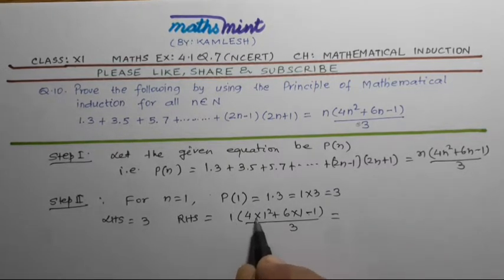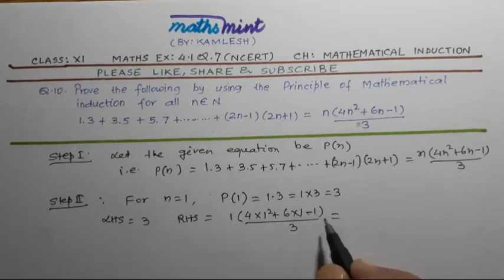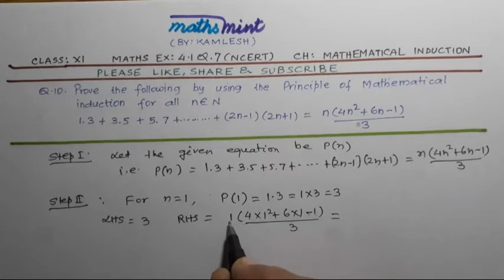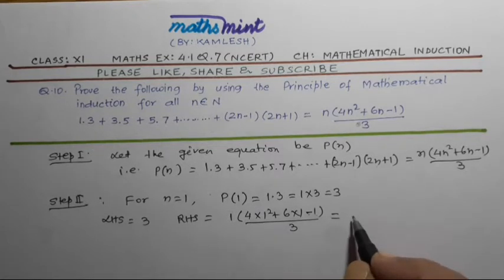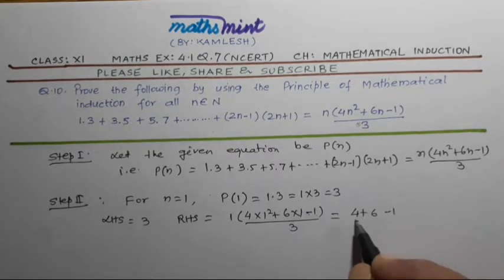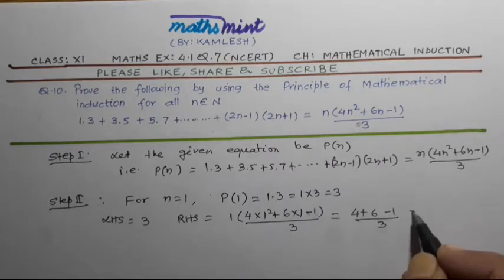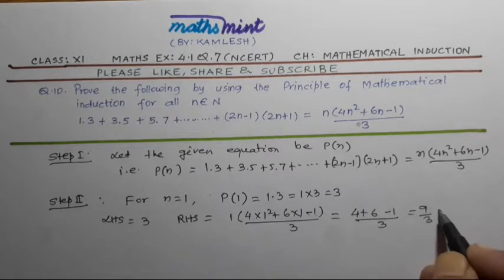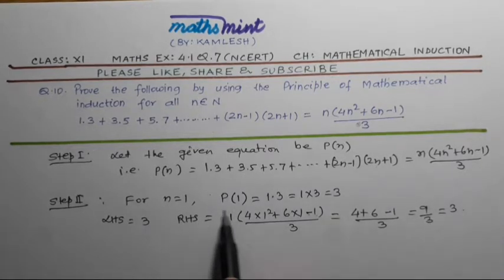So if this will be multiplied by 1, it will be equal to this only, because any number multiplied by 1 will be same. So it will be 4 into 1 square will be 4 plus 6 into 1, 6, minus 1 by 3. So it will be 4 plus 6, 10 minus 1 equal to 9 by 3 will be equal to 3, and our LHS is also 3.